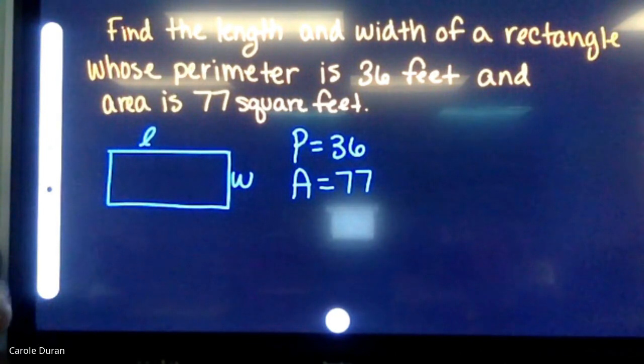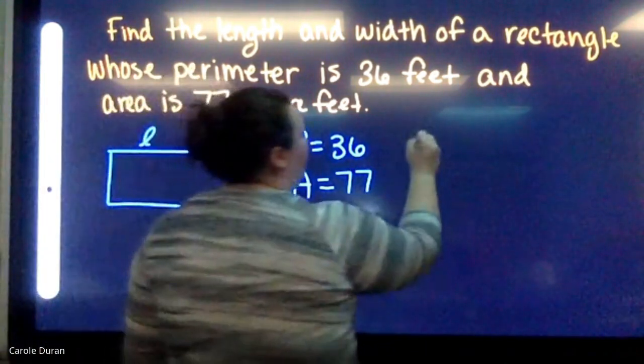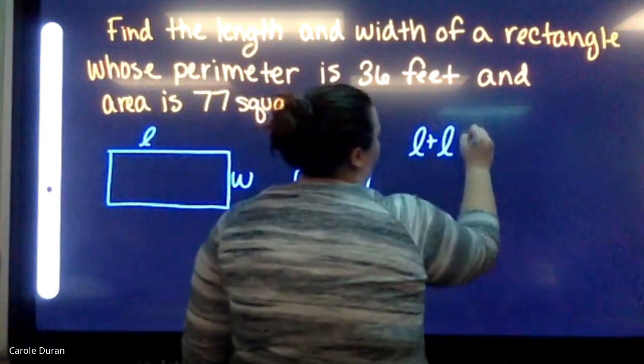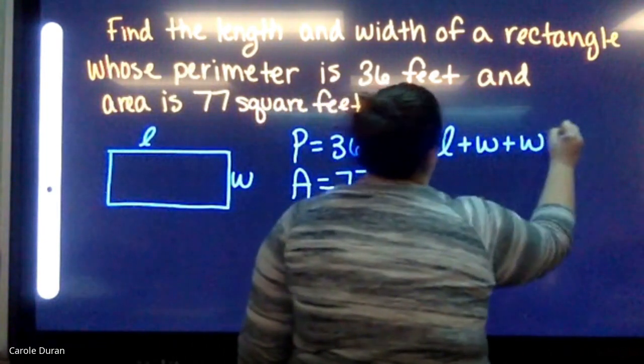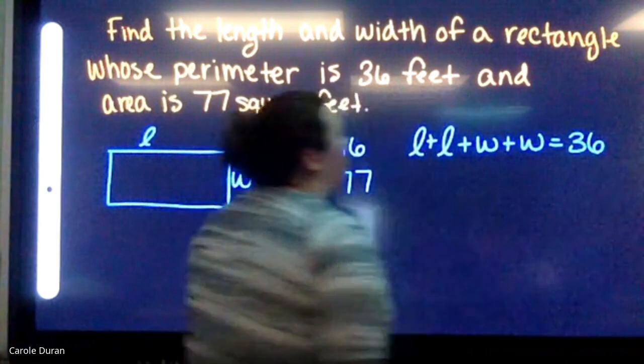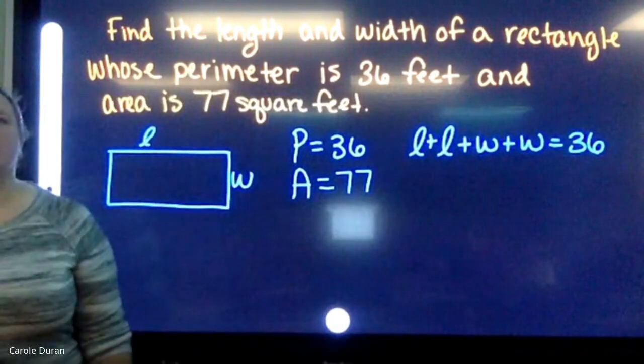So what I need to do is build that perimeter equation and that area equation for this specific rectangle. So if I'm thinking about perimeter, how do I find the perimeter of a rectangle? All the sides added together. So I could have length plus width equals 36. But that's kind of a lot to write.